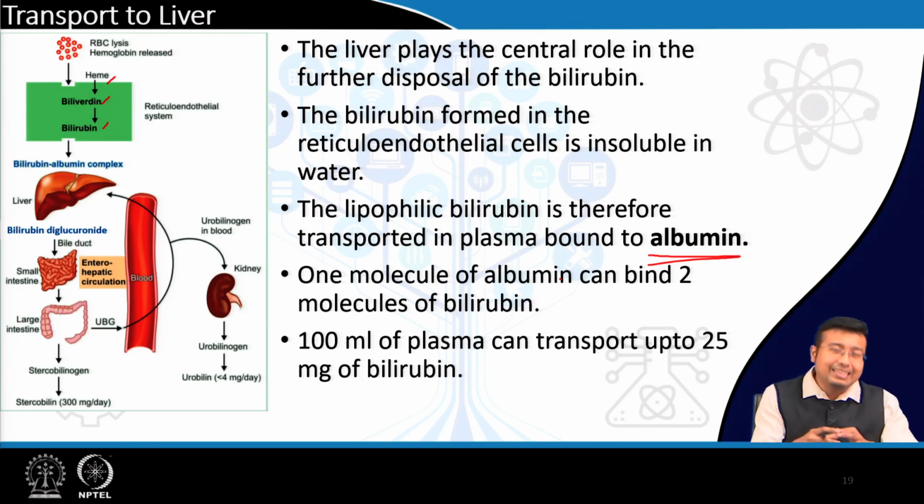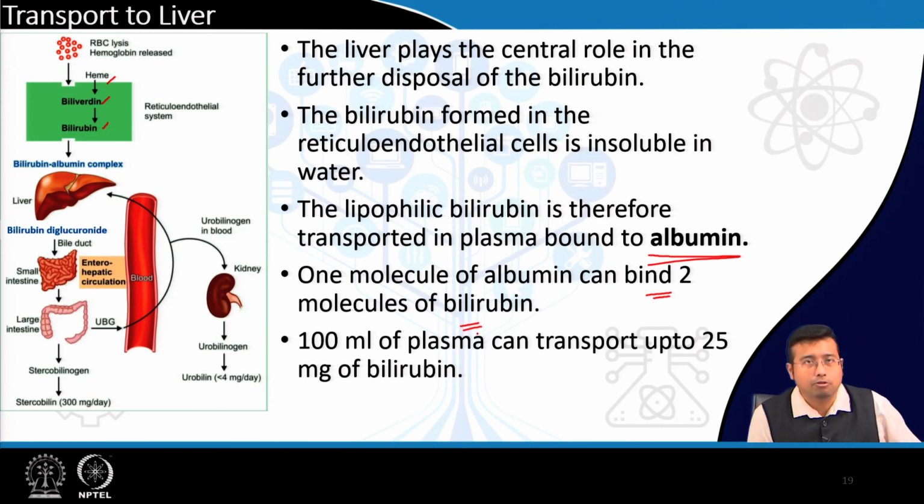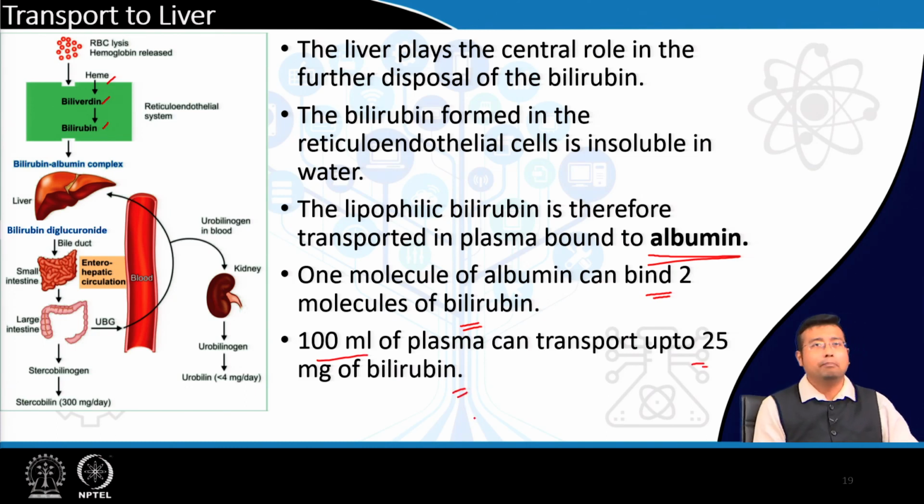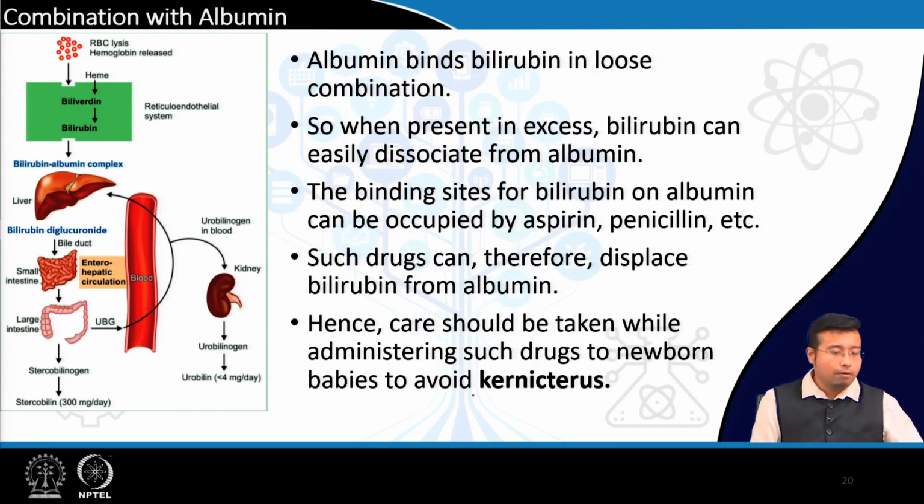Therefore, it is easily bound to albumin, the plasma protein, and one molecule of albumin can bind to 2 molecules of bilirubin, right. Generally, 100 ml of plasma can transport up to 25 mg of bilirubin. So, this is the phase where albumin is bound to bilirubin.